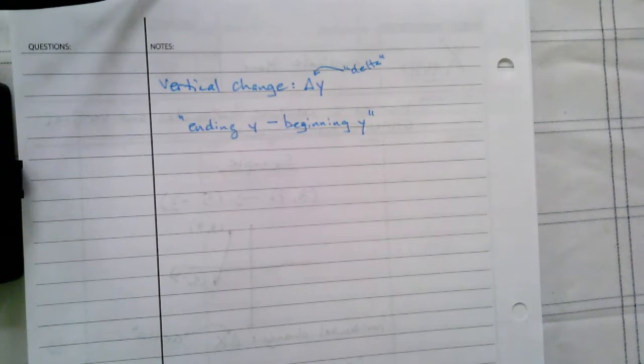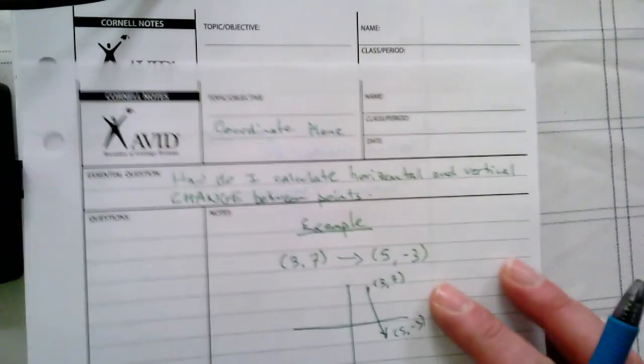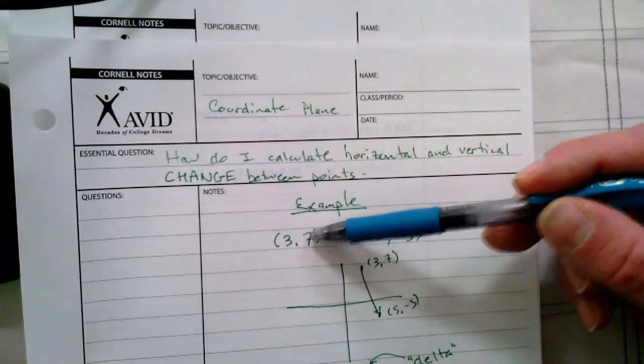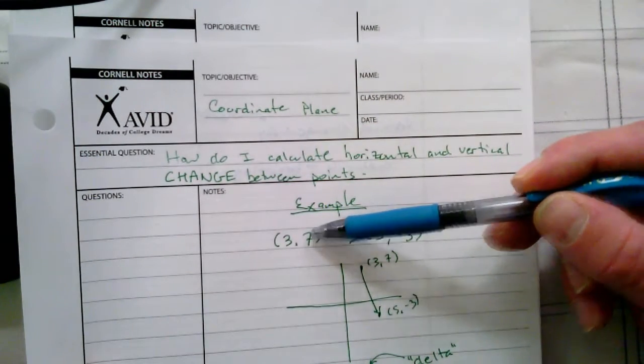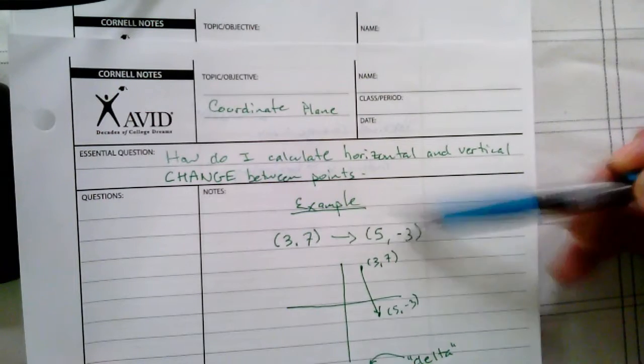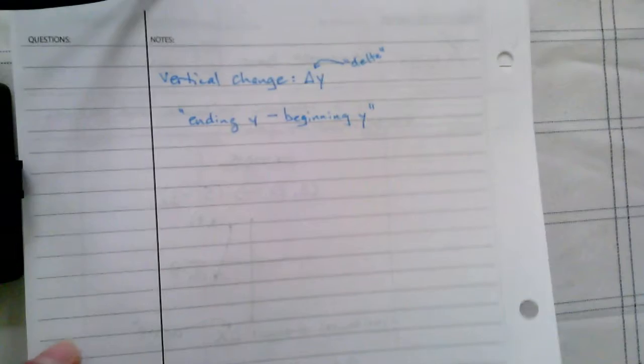So in this case, I'll flip back to our points here again. We started at a y coordinate of 7. We ended at a y coordinate of -3. So it's going to be -3 minus 7.